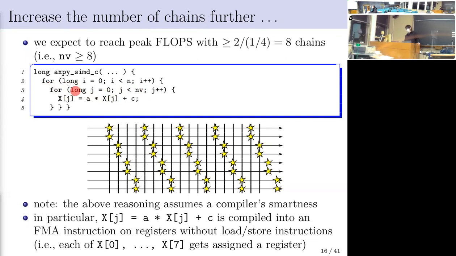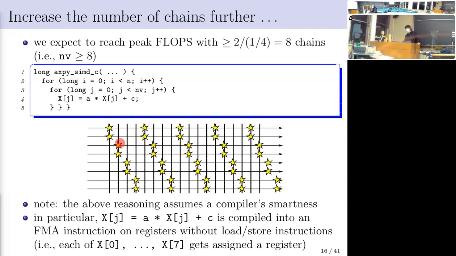Because I'm using a loop, the iteration contains another loop, but it's essentially just doing, for example, if NV is 8, 8 FMAs within a single iteration of this outer loop.